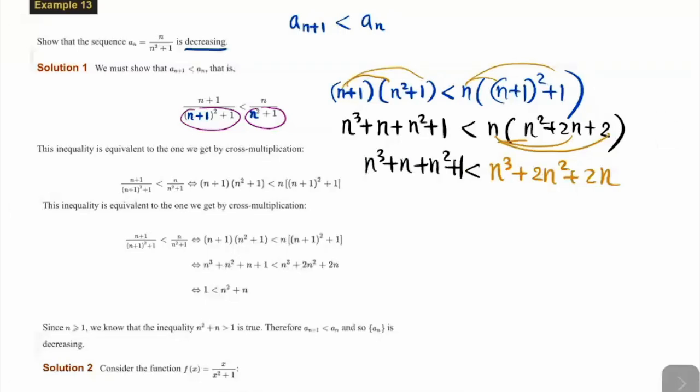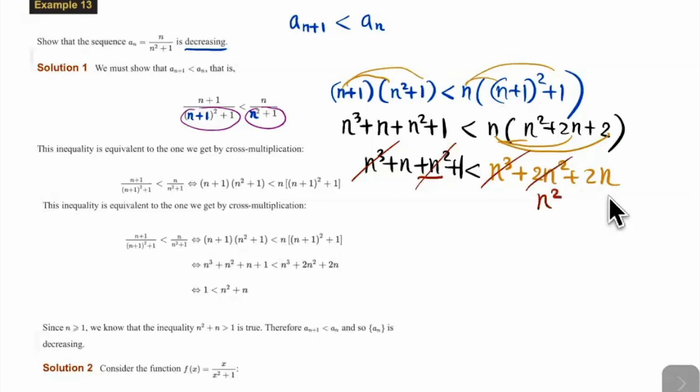Okay, so can we subtract both sides by n cubed? Subtracting is not going to change the inequality sign. What else can we subtract on both sides? Yeah, we can subtract n squared, so this one here will just get n squared.